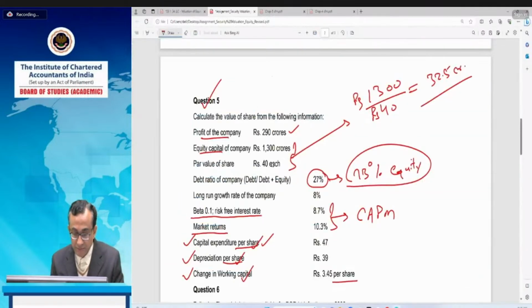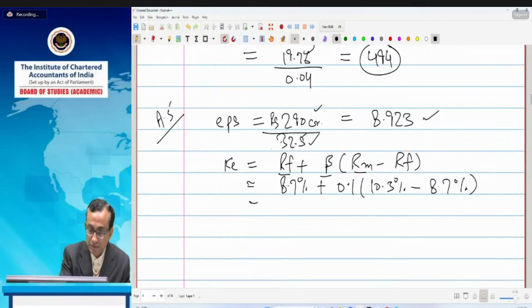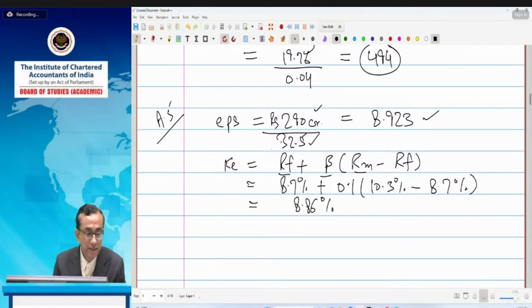What is beta? Figure of beta is also given, 0.1. RM is 10.3%. So 10.3% minus RF 8.7%. So let us calculate this. So it is coming to 8.86, the KE figure. So we have calculated EPS, we have calculated the discount rate.